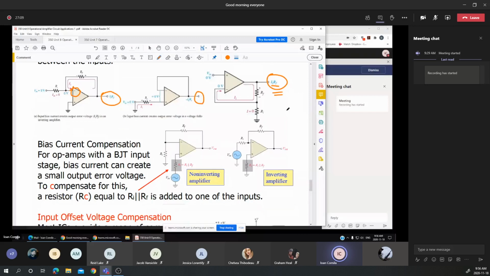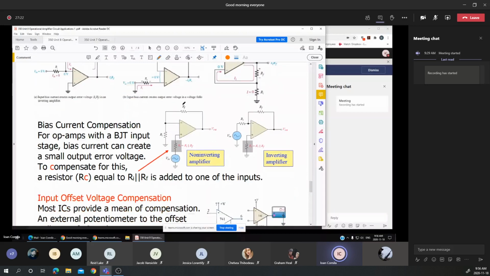Now the question is how we can compensate for this imperfection in the circuit, and they come up with two solutions. One solution is using a small resistance, which is called the compensating resistance, the RC.